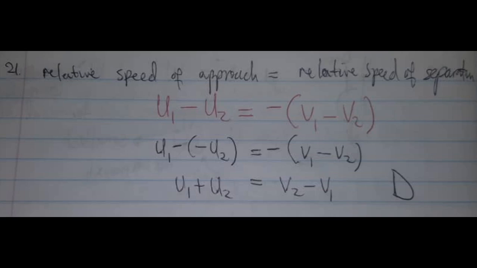So effectively it gives you u1 plus u2. And then on the right we have minus v1 minus v2, which gives you v2 minus v1. So the correct answer there should be D. Hope that makes sense.